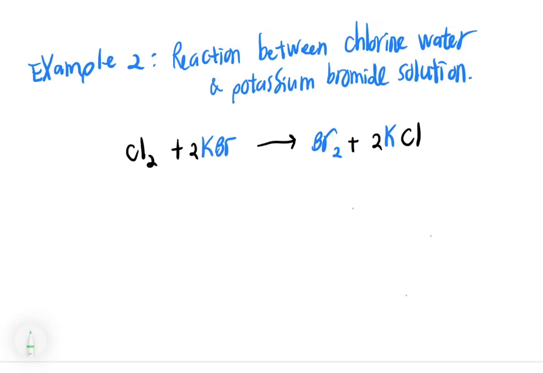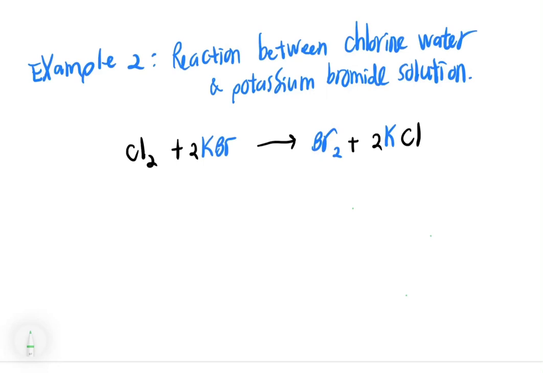We will work on another example, which is the reaction between chlorine water and potassium bromide solution. In this reaction also, we will try to determine the oxidation number before and after the reaction.